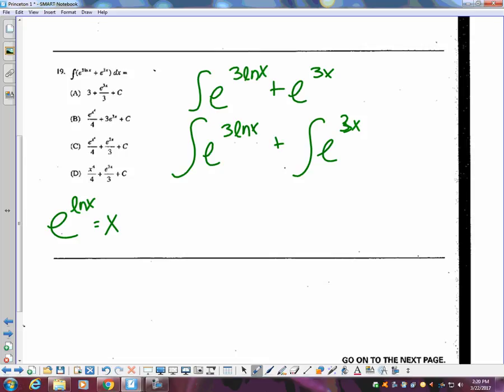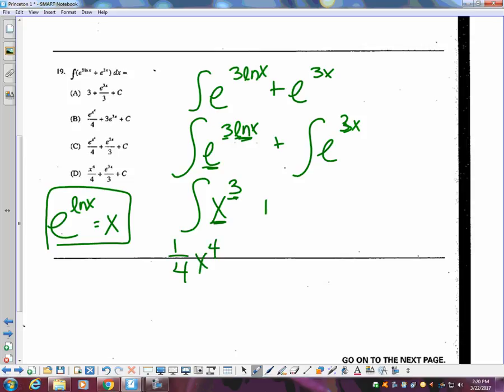But you have a 3, so that would be x cubed, because this becomes the x and the 3 is still sitting there. That's one of your log properties. Okay, well that's easy. That's 1/4 x to the 4th.